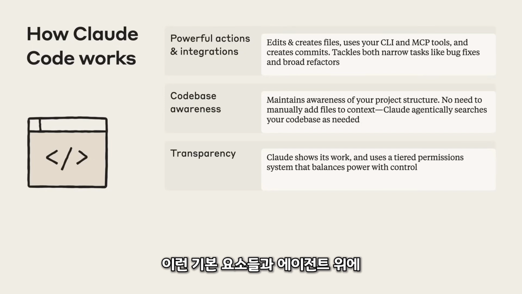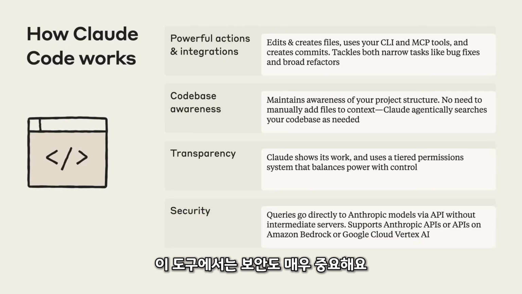And then on top of these primitives, on top of this agent, we have a few things. We have a very nice light UI layer where you get to watch Claude Code work. You see all the text fly by. And we have this nice permission system that allows the agent to work and forces the human to butt in when the agent is doing something dangerous. And then on top of that, we also care a lot about security in this tool.